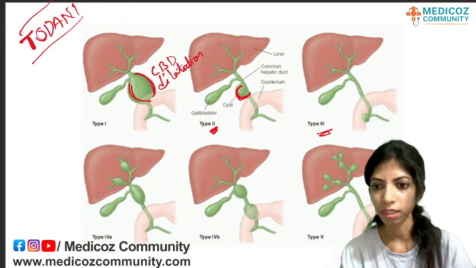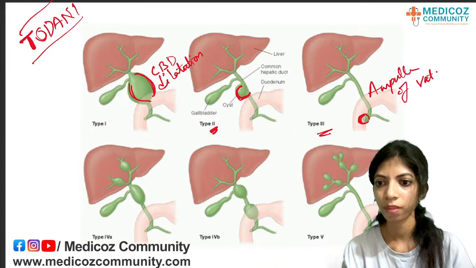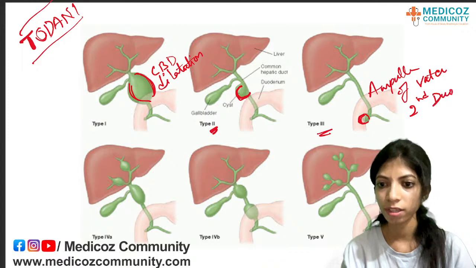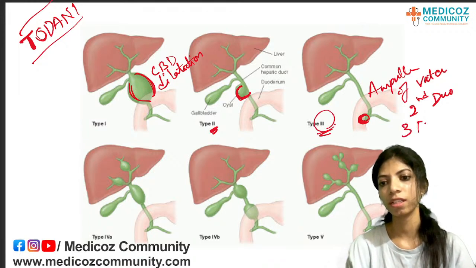What is type 3? Type 3 is nothing but where the CBD opens into the second part of the duodenum at the ampulla of Vater. So here if this intraduodenal part is dilated, then it is a type 3. 3D.